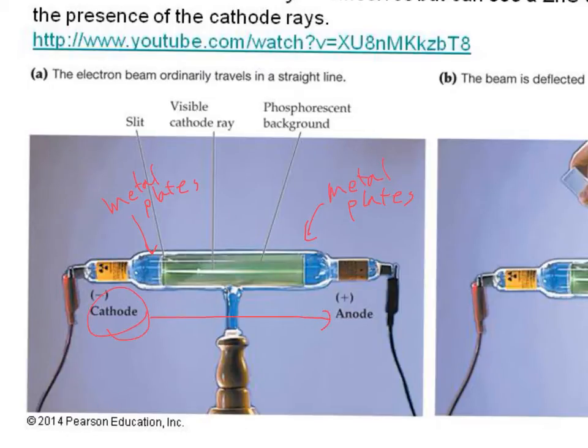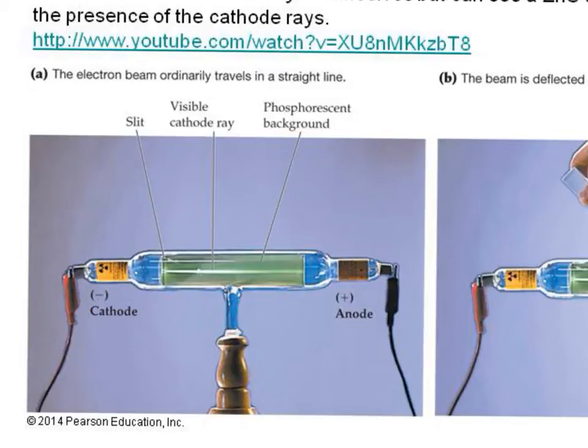Because these particles leave the negative electrode, or the cathode, the particles are referred to as cathode rays. Thomson did not invent the cathode ray tube. He was simply playing with it and made some useful observations about it that led to the discovery of the electron. What Thomson noticed was a couple of things.